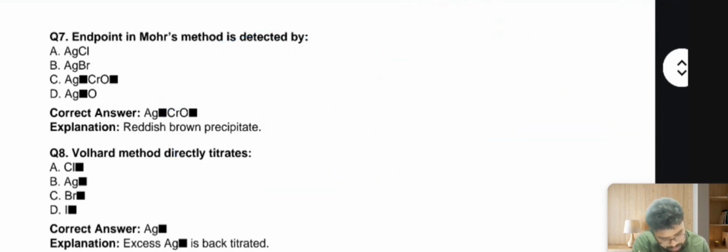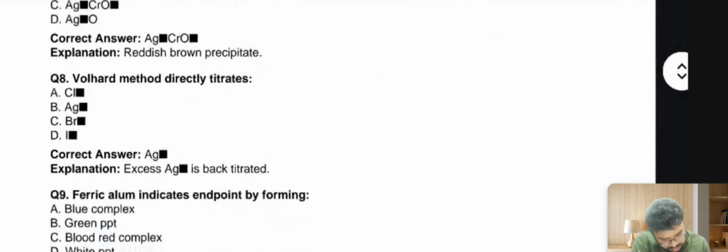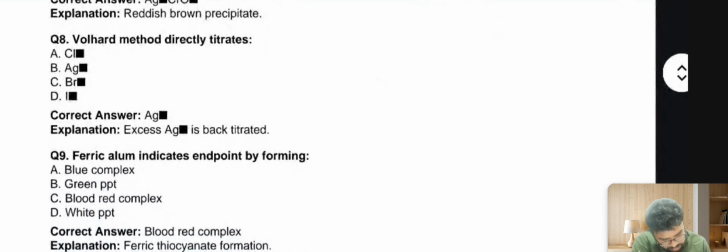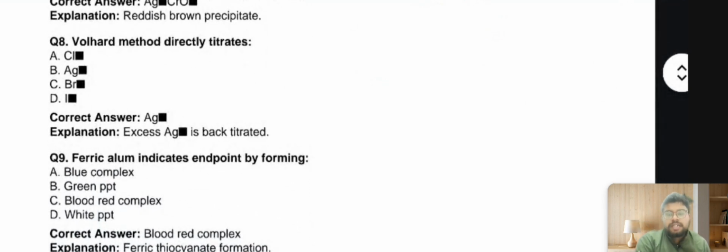Let's see question number 9. Ferric alum indicates end point by forming option A blue complex, green precipitate, blood red complex, white precipitate.